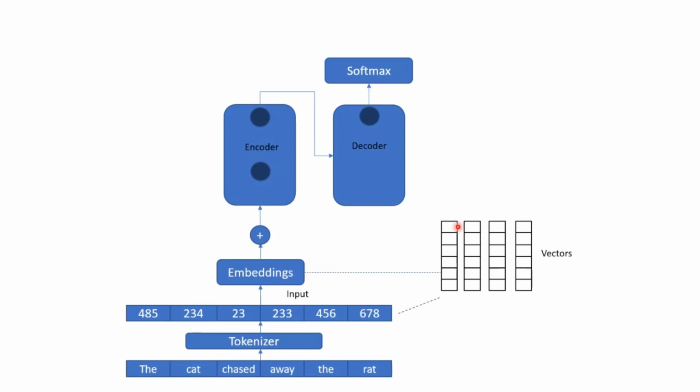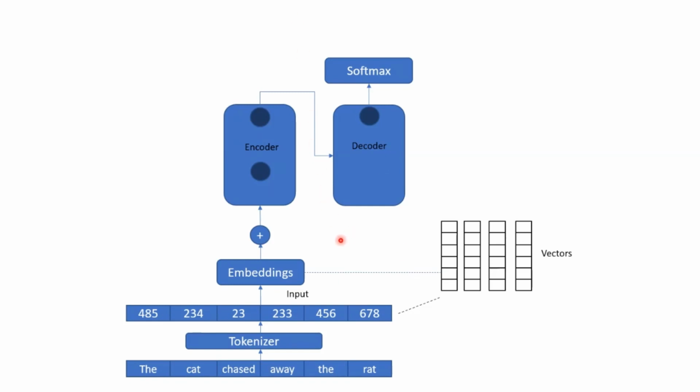The general vector length is 512, because these vectors are used for further computation. This concept was already there earlier for text use cases in machine learning, for example word2vec. You might have heard of those kinds of algorithms.